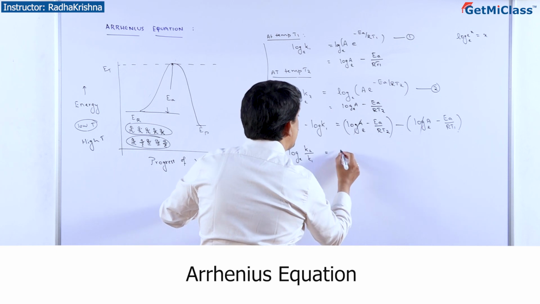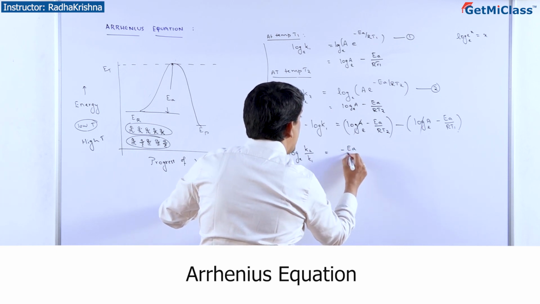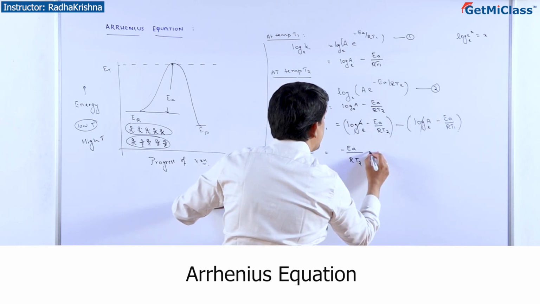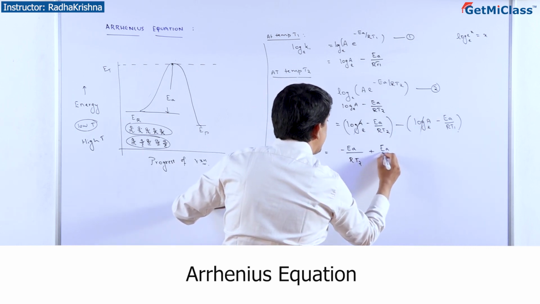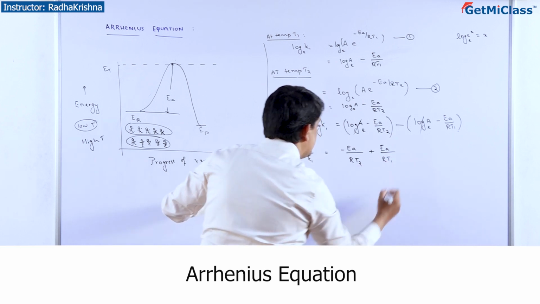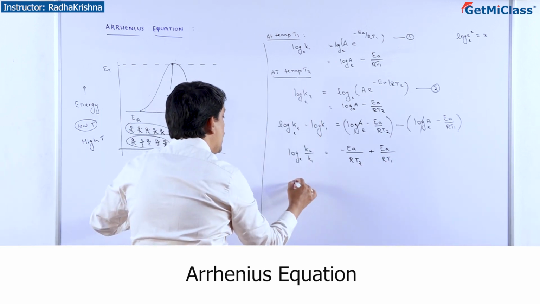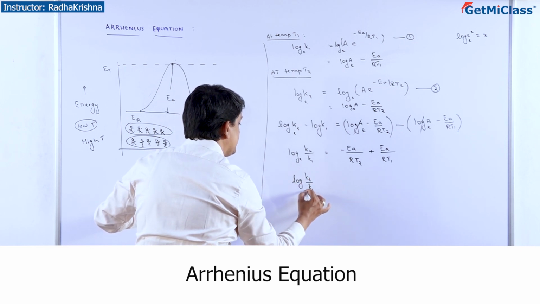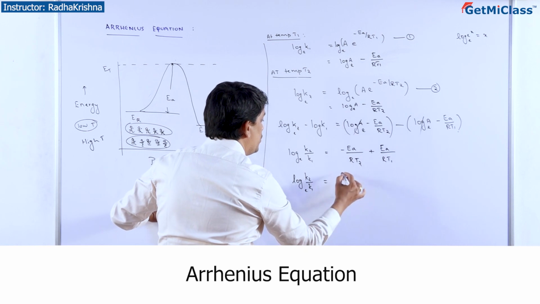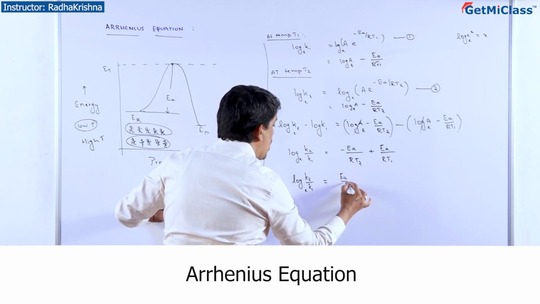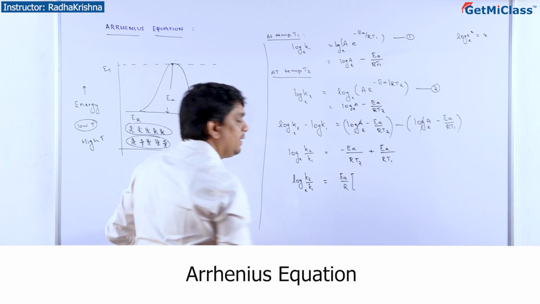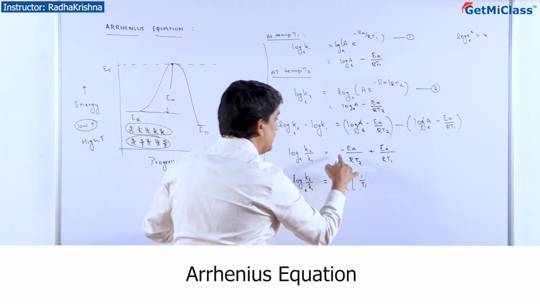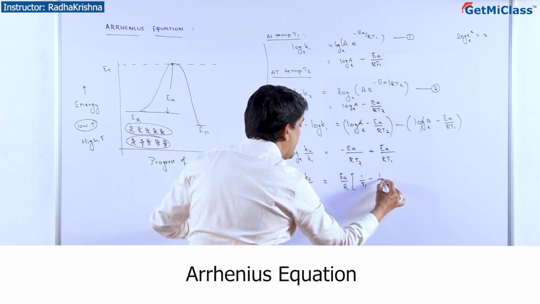Now you can see what is left out, minus Ea by RT2. Minus into minus becomes plus Ea by RT1. Log K2 by K1 to the base e equals, I can take Ea by R common out. What is left out inside? 1 by T1 minus 1 by T2.